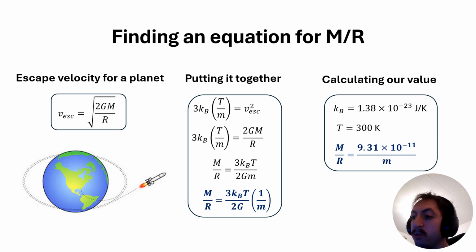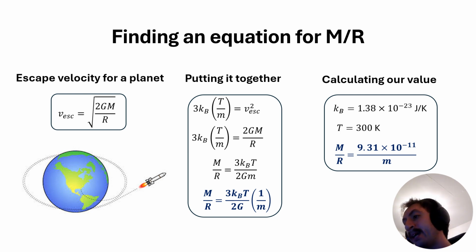So the ratio of the mass of our exoplanet to its radius has to be 9.31 times 10 to the minus 11 divided by the mass of a molecule that would have a velocity equal to the escape velocity, and therefore just about be able to escape the planet's atmosphere.